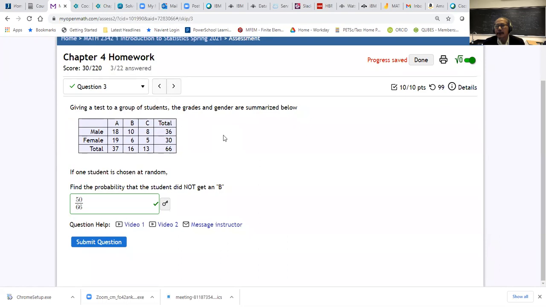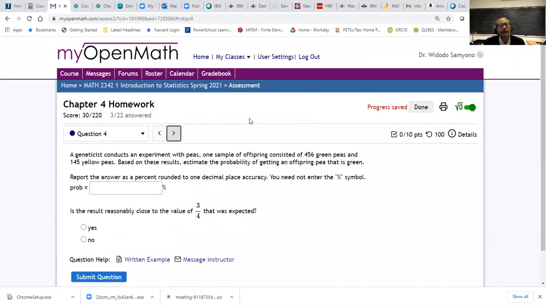Okay, so the next one is number 4. Okay, so you have a genetic experiment with fish. One sample of offspring consisted of 456 green fish and 145 yellow fish.